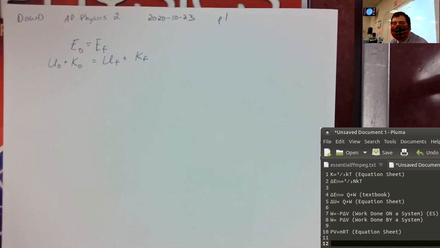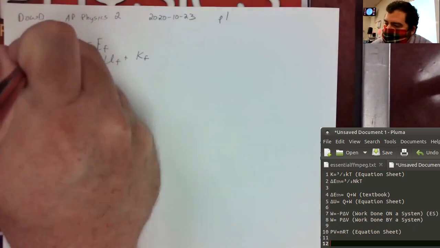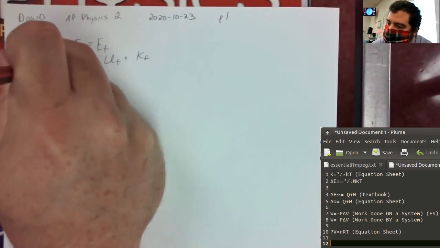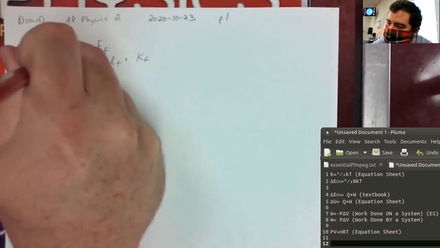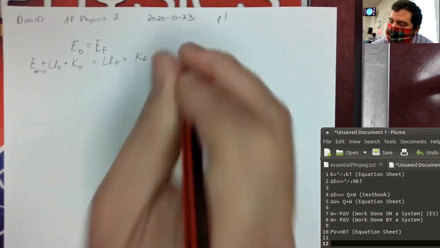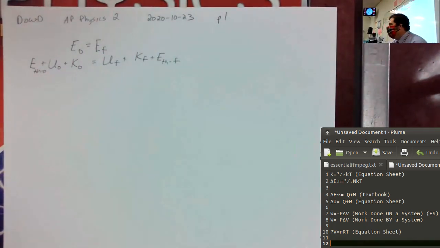As you've read chapter 11, I hope you've seen that there's another kind of energy they talk about, which is the internal chemical energy, which they call thermal energy. That can be present just in the molecules themselves. So I put E_TH original and E_TH final, energy thermal original and energy thermal final.